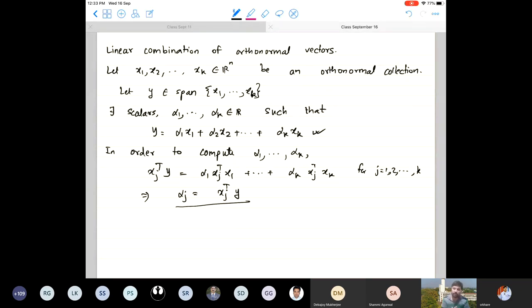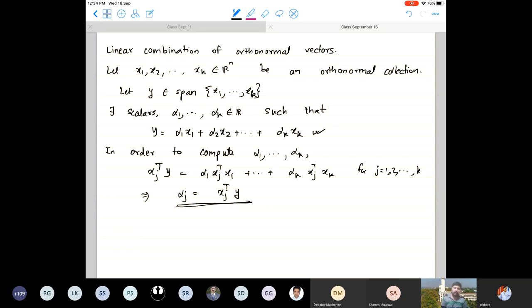Because you can do something like this, in real life situations, when people write a computer program to solve a least squares equation, they actually use this type of theory. This gives rise to the Gram-Schmidt orthonormalization process, and if you want to do it numerically very nicely, you will do something called QR decomposition of a matrix. When you do that, you find the solution of a linear system of equations in this particular form. We will look at all those things a little later in this course, maybe next week.